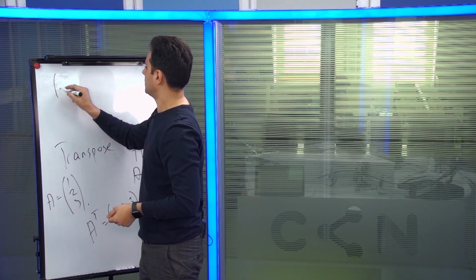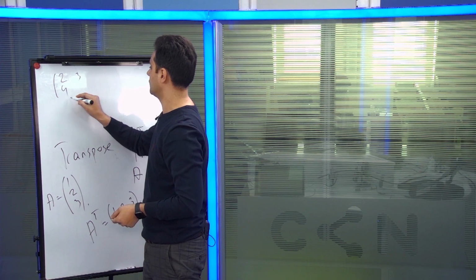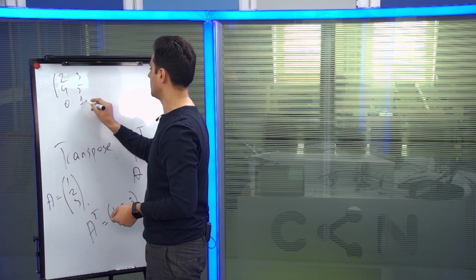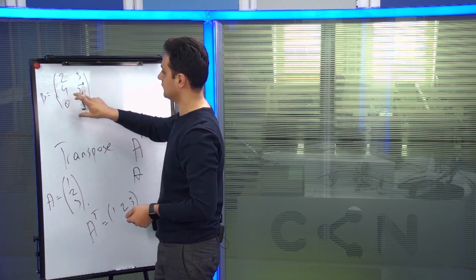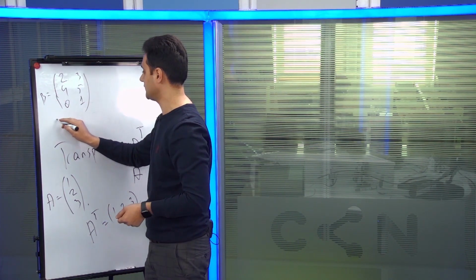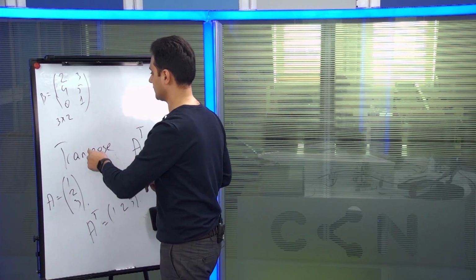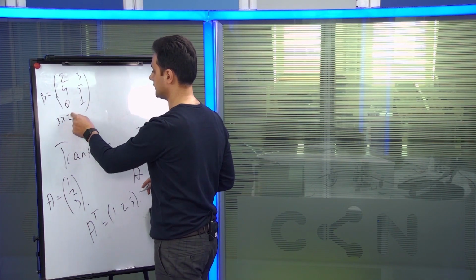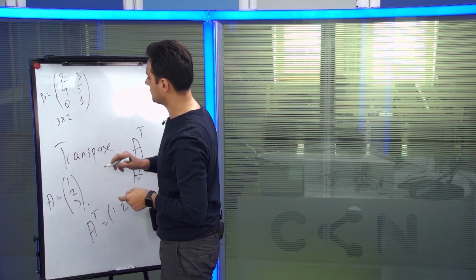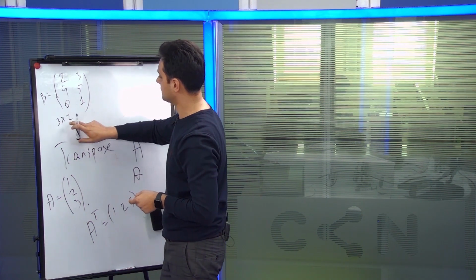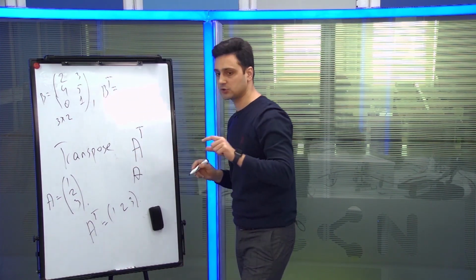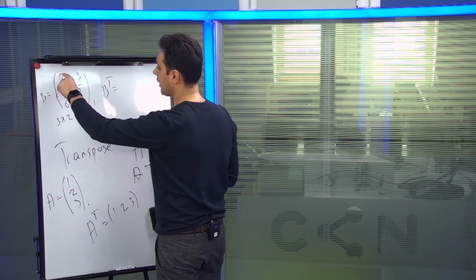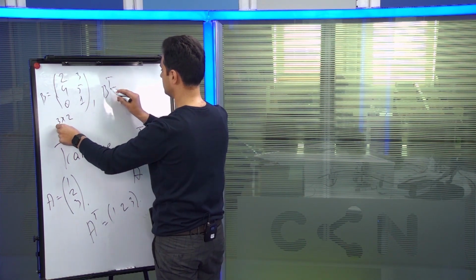Well, for example, another one is 2, 3, 4, 5, 0, and 1. Let's say B is the matrix, and the dimension of this matrix is 3 and 2. The number of rows is 3, the number of columns is 2, right? So B is a matrix with dimensions 3 and 2. So what's B transpose? You need to change row to column. It means that now the dimension of B transpose will be 2 and 3, right?